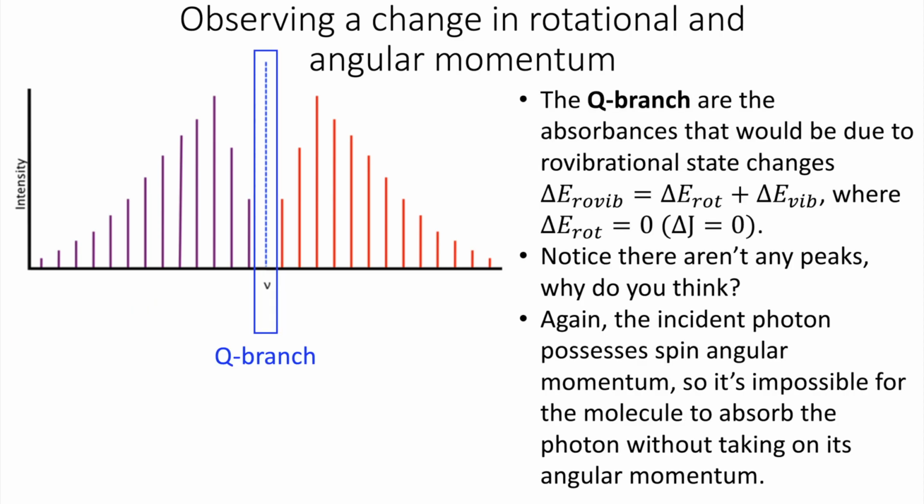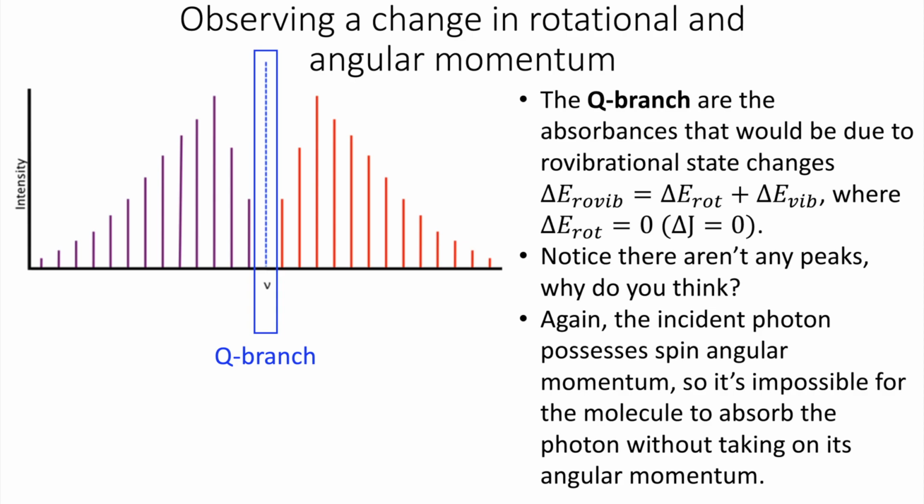And finally, in the middle, we call this the Q branch. On the left, we had the P branch, and on the right, we had the R branch. In the middle, we have the Q branch. The Q branch is where delta J equals 0. And take a look. Are there any peaks in there? No, there's that dotted line to say, hey, this is where it would be, right? But again, that incident photon possesses spin angular momentum.